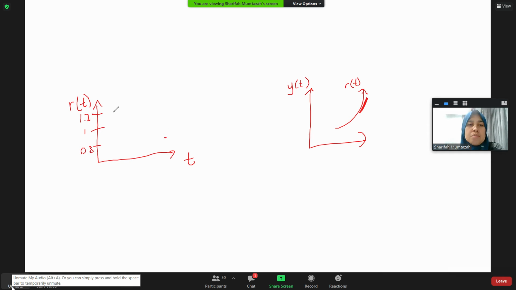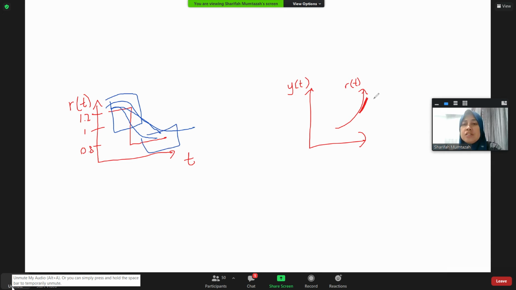But the thing is that it won't go like this. It won't go like that. In actual fact, it is going this way. Whether it goes steeply or gently depends on how strictly we adhere to the MCO. But what I'm trying to say is that it will take some time before it goes below 1.